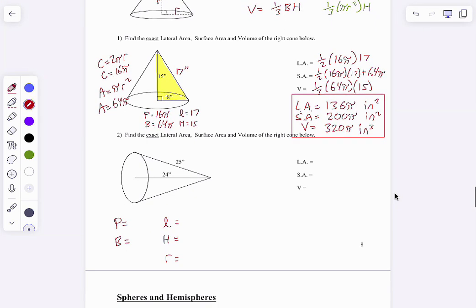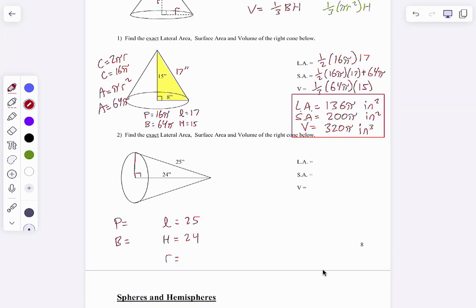So I'm going to start doing some of this stuff. You actually have the L and the H, and you might think, okay, well, I have everything I need because I need the L and the H in the formula, but you can't find the P and the B without the radius. So you draw this here and create a right angle, and then you do Pythagorean theorem.